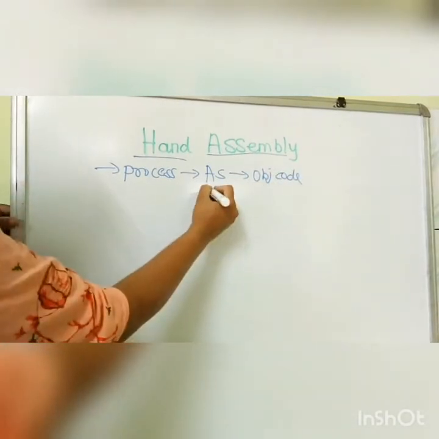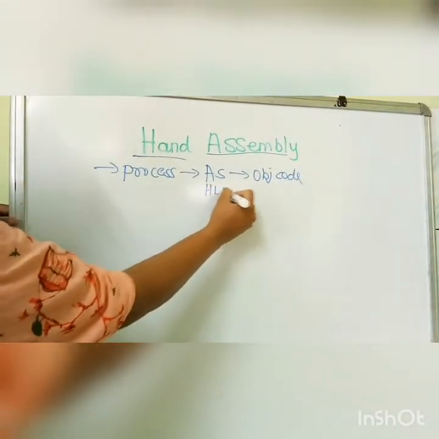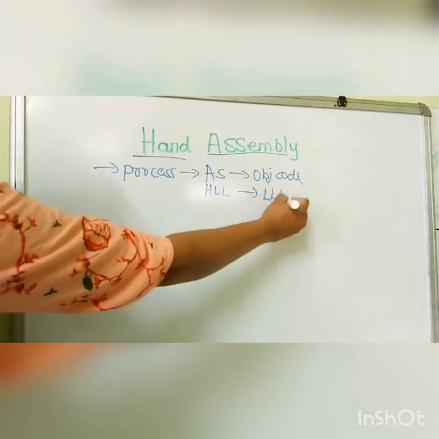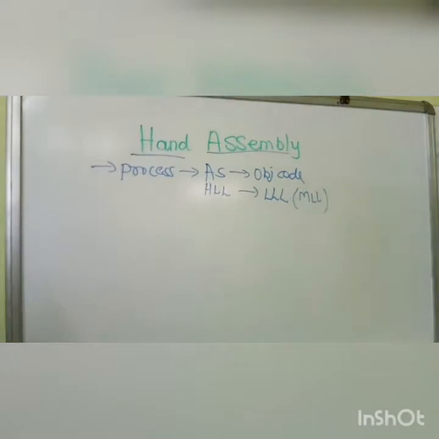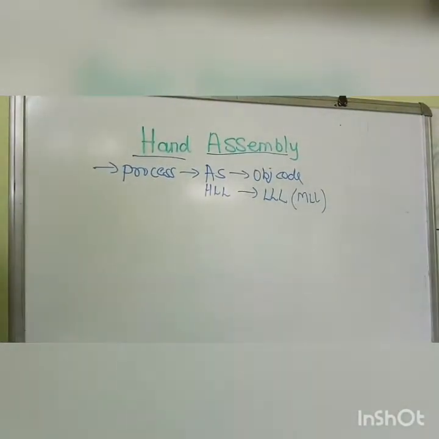Means we are transferring the higher level language to its lower level language, or in the sense middle level language, which is understood by the machine structure or internal architecture of our computer. So these instructions are converted by hand.